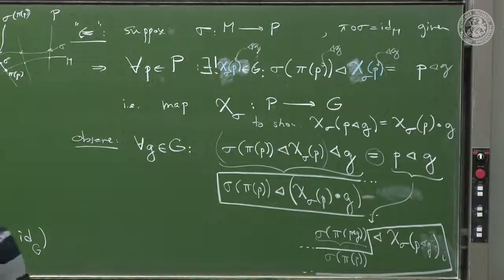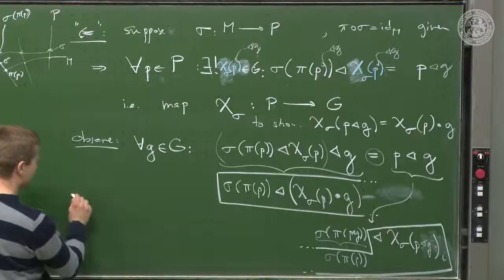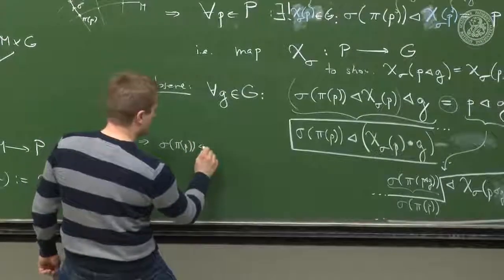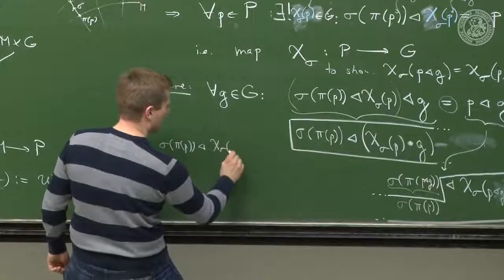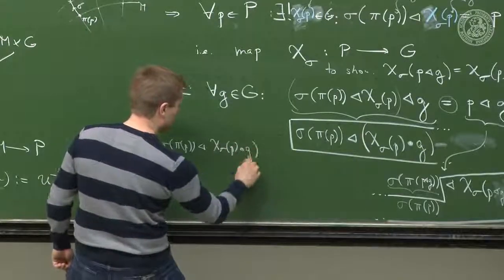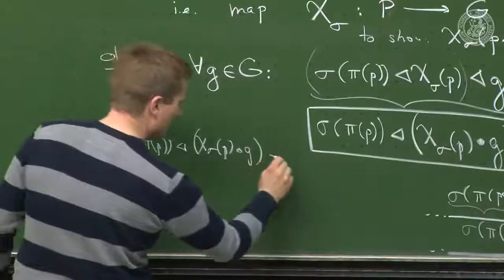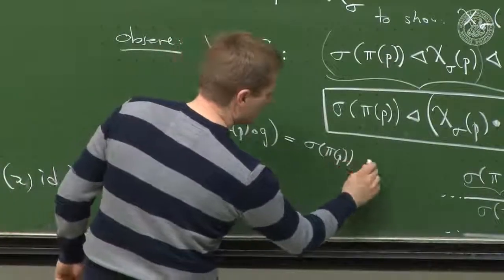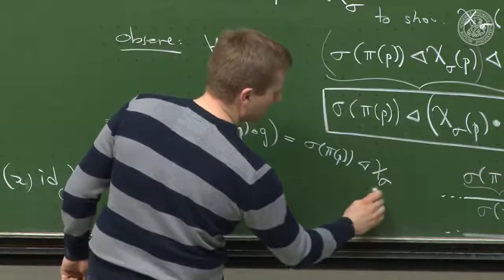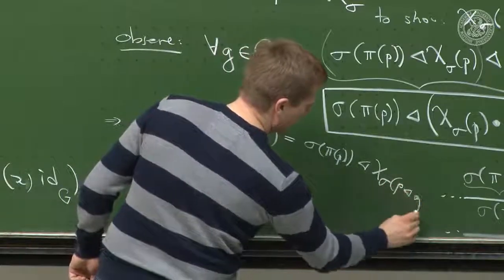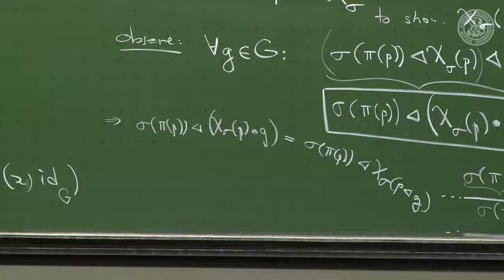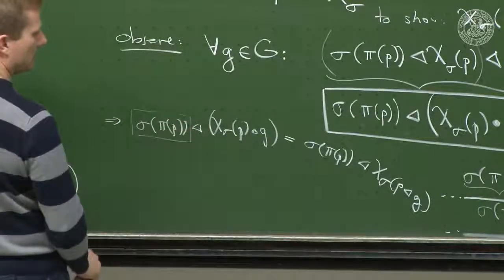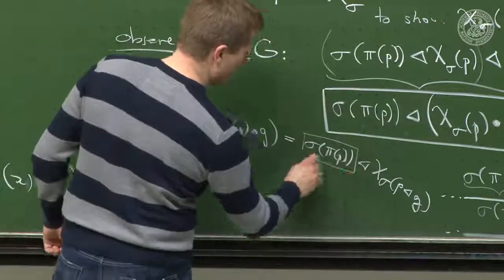Okay. So let me write it down again. So this means that sigma of pi of P acted upon by chi sigma of P blob G is the same as sigma of pi of P acted upon by chi sigma P acted upon from the right by G. Now, this here is just a point in capital P. This is the same point.